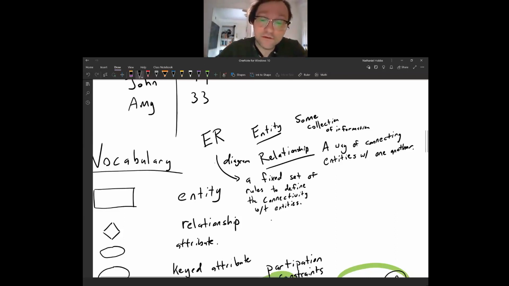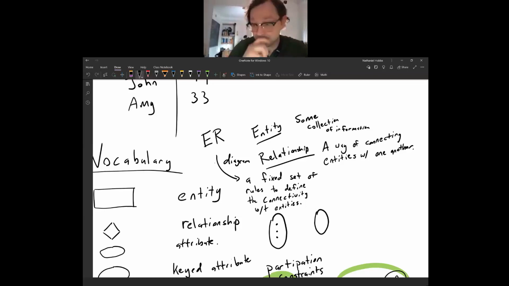is that if we have some set here with 3 points, and we have some set here with 2 points, we could define connectivity meaning one to many. So one point can connect to many points. That's a one to many.